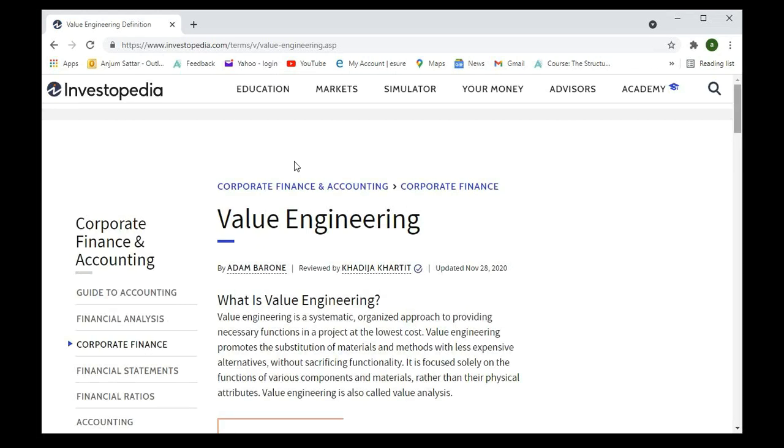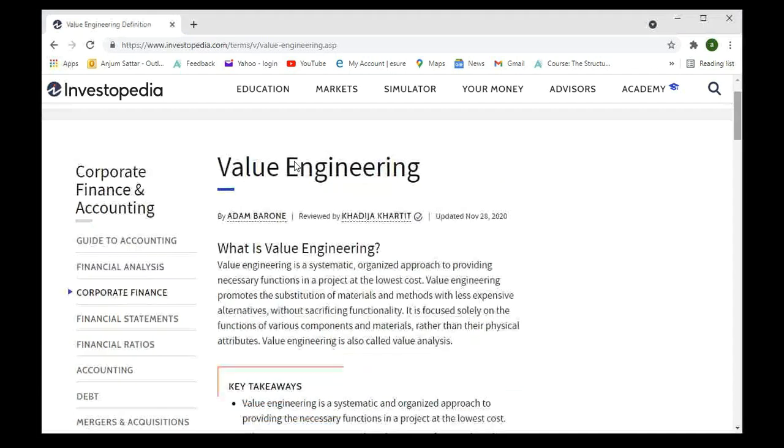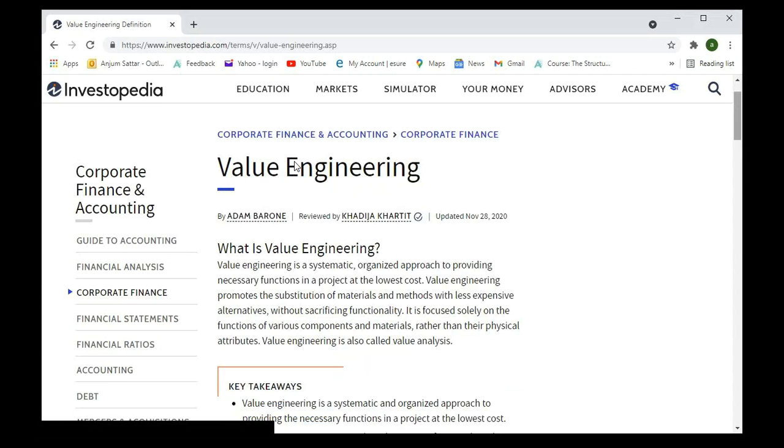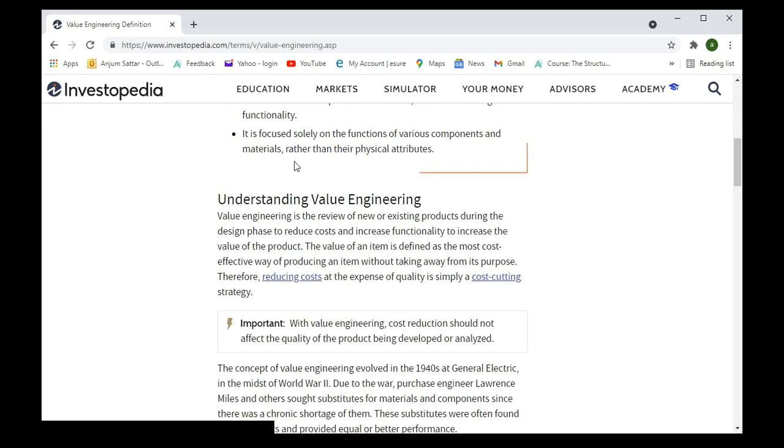Value engineering is a systematic, organized approach to providing necessary functions in a project at the lower cost. There are different steps we can follow. It's quite good to read, so please do so in your own time. That will also help to improve our understanding.